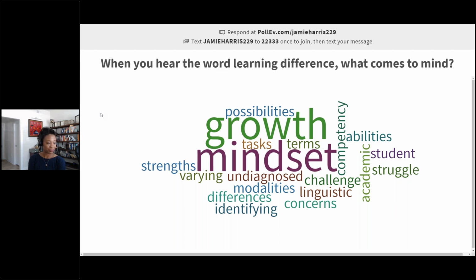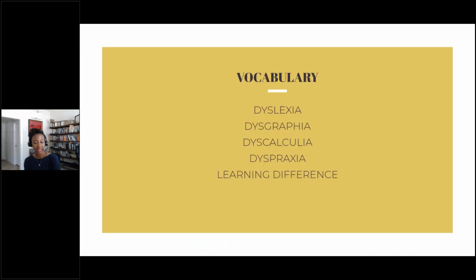All right, so I'm going to share some vocabulary that I came across in this class, in this MOOC. Dyslexia, and when they spoke of dyslexia, they focused on reading disability, in quotes here. Then dysgraphia, talking about writing disability. Dyscalculia, talking about mathematics or mathematics learning disability.